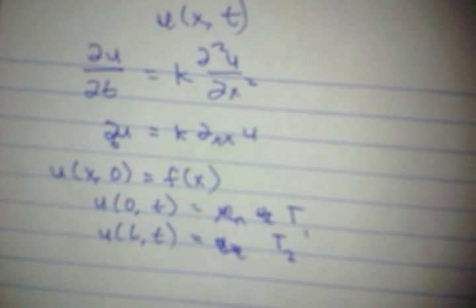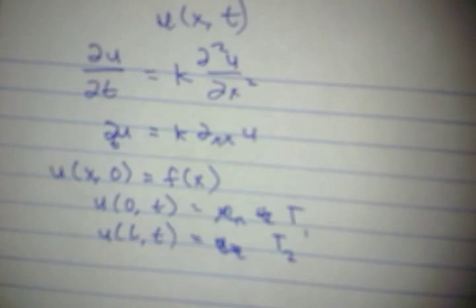And so the first thing that you would probably want to do, this is actually a fairly simple heat equation, there's nothing else, is you want to solve for what's called the steady state.